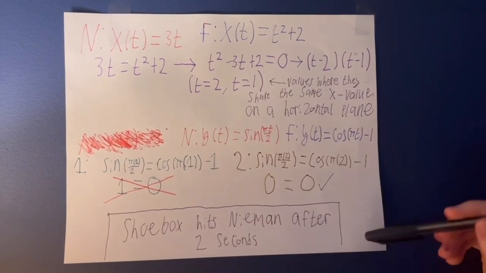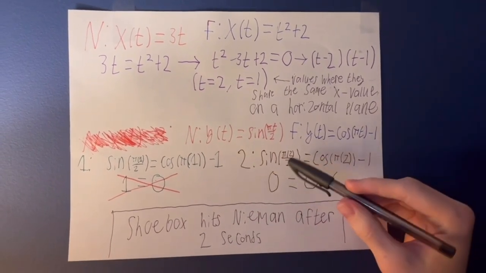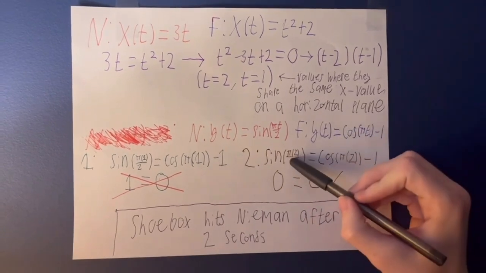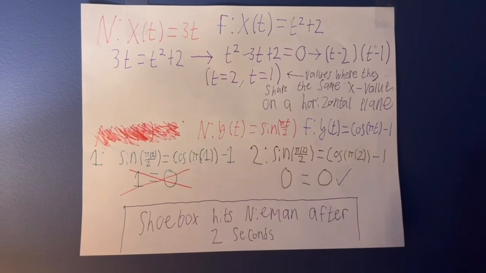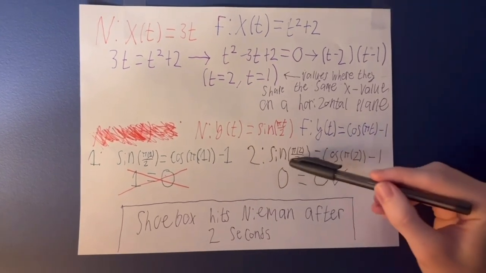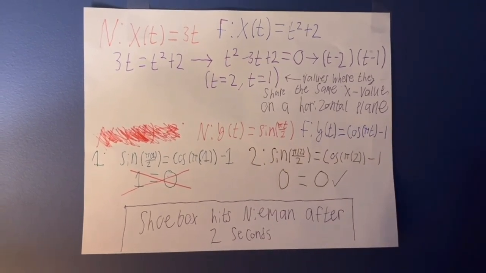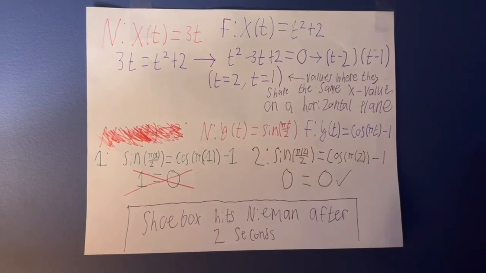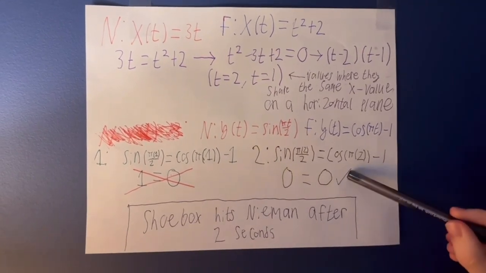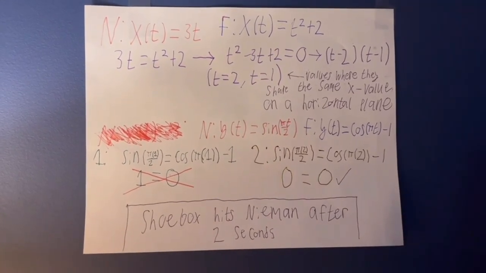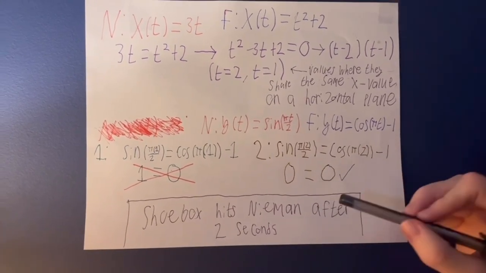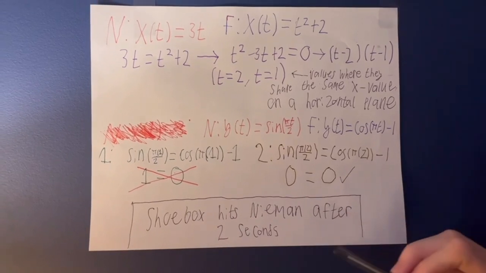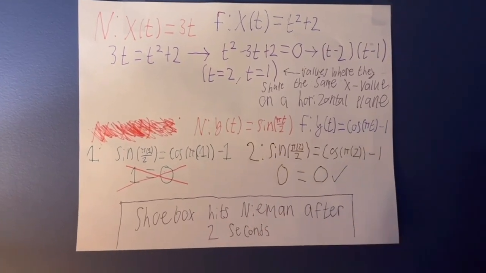However, if you plug 2 in, you get sine of pi is equal to cosine of 2 pi minus 1. Sine of pi is 0, cosine of 2 pi is 1, and 1 minus 1 is 0. This satisfies both the x functions and the y functions, meaning at 2 seconds, both objects are at the same point. So this is when the shoebox would hit Neiman, at 2 seconds.